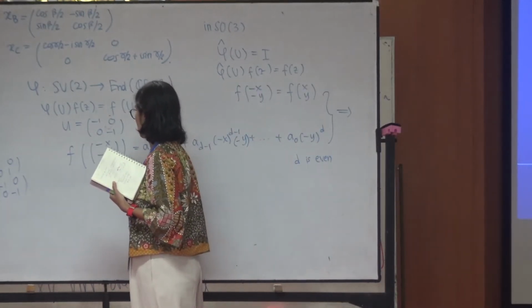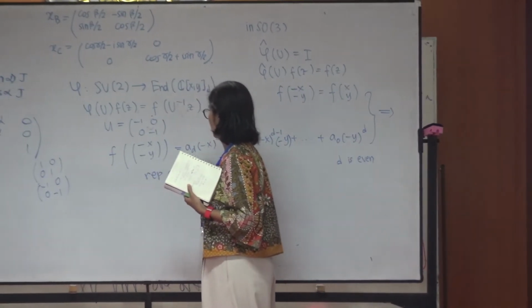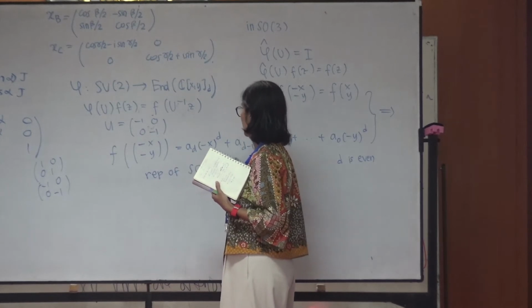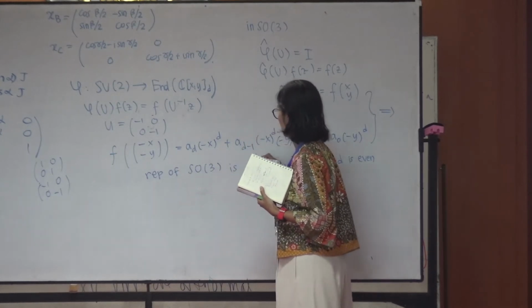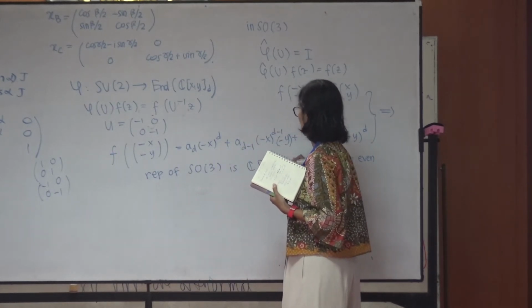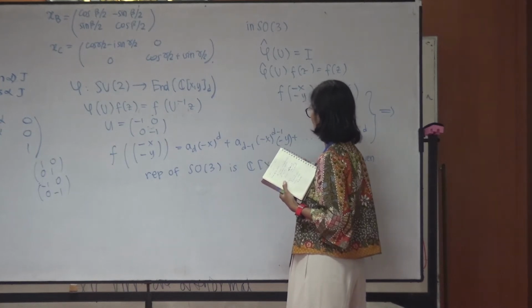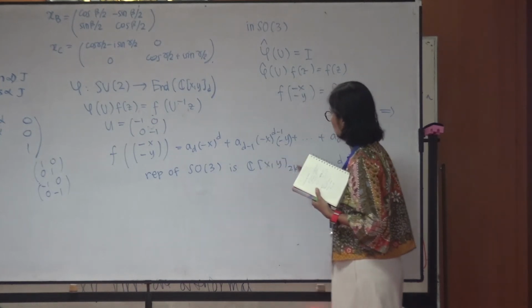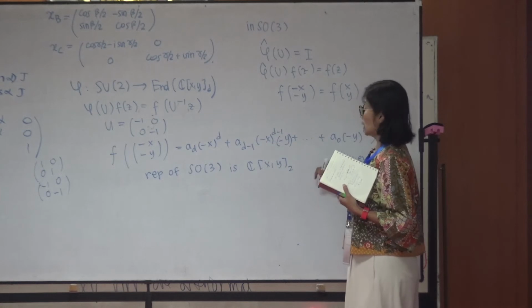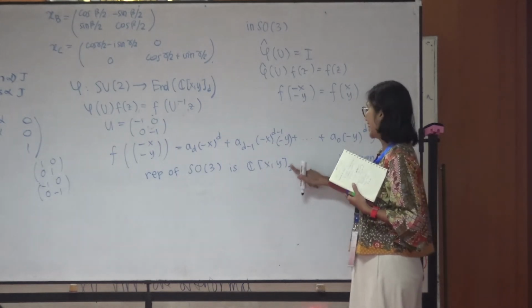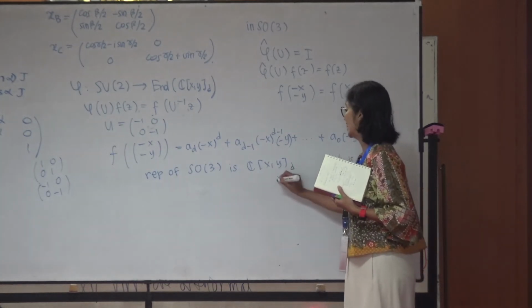So representation of SO3 is CXYD, or if you want, you can write it like this, and D is even.